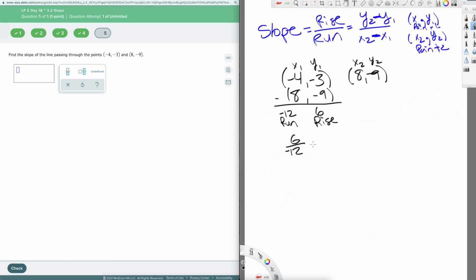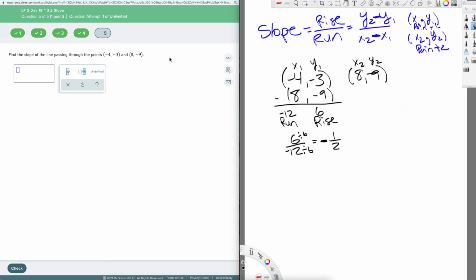Well, they can both divide by 6, can't they? So we need to reduce. So we end up with -1 over 2, since 12 divided by 6 is 2. And I put the negative in front here because this is where Alex is going to expect to see it. If you put it on the top or the bottom, it's not necessarily wrong, but it's going to expect to see it in that middle section there.